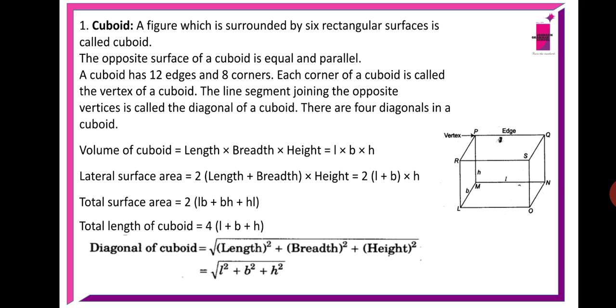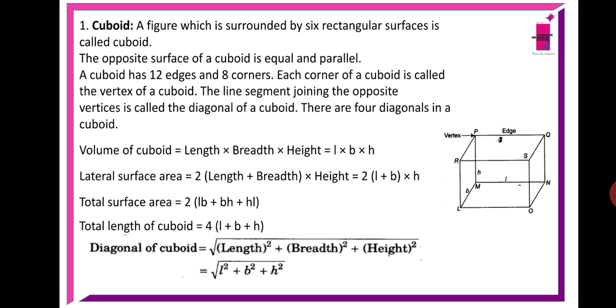Total surface area of a cuboid is 2 into (LB plus BH plus LH). Simply, you can say 2 times the sum of the products of length and breadth, breadth and height, and height and length.